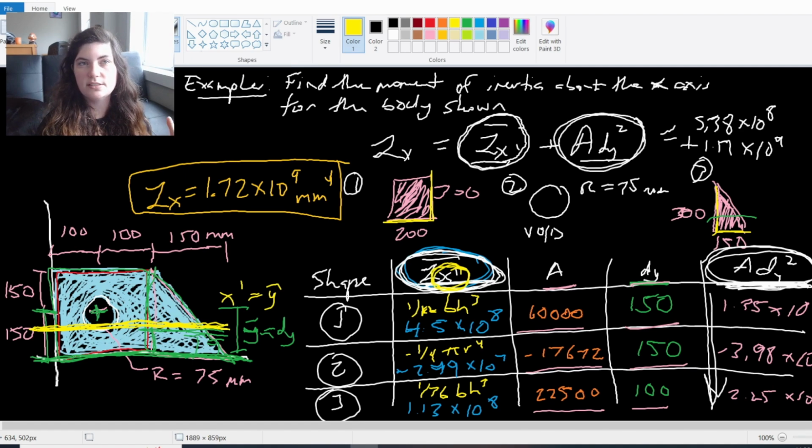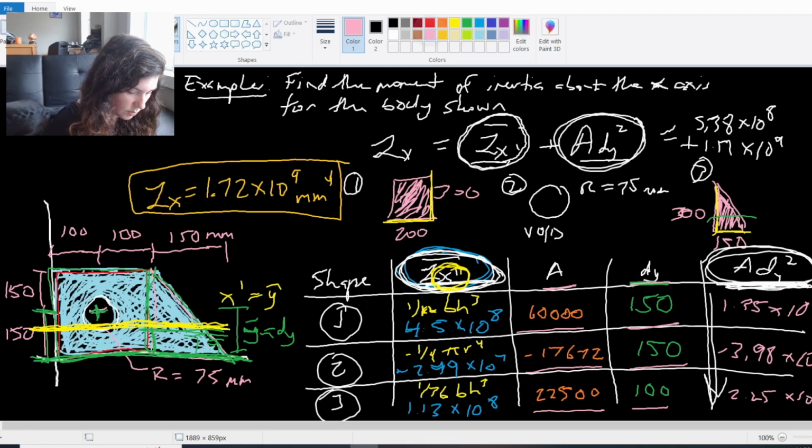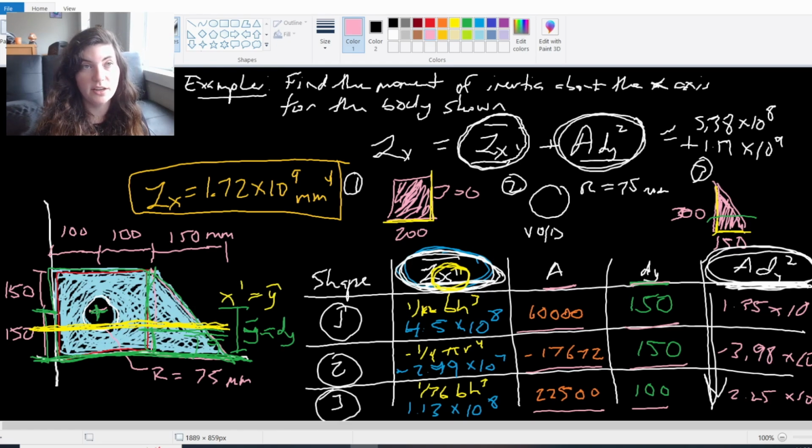So we're going to look at this same problem, but now with a different x centroid. In this case, my dy term is going to be different. Because this whole time we've been saying that my dy is the distance from the x-axis to the centroid, but now it's the distance from the centroidal axis to the centroid of each shape.